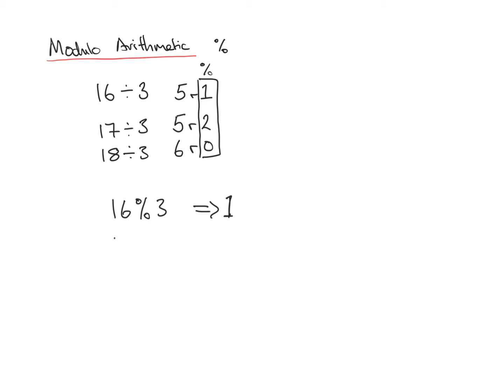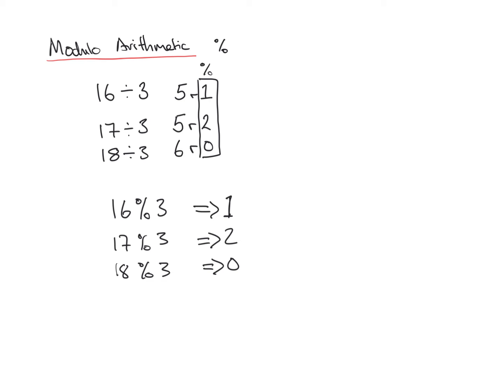And if I were to write 17 mod 3, the output of that is going to be 2. And if I write 18 mod 3, the output of that is going to be 0.